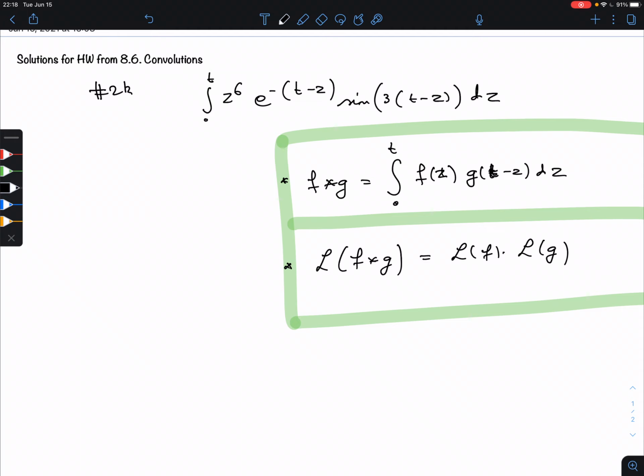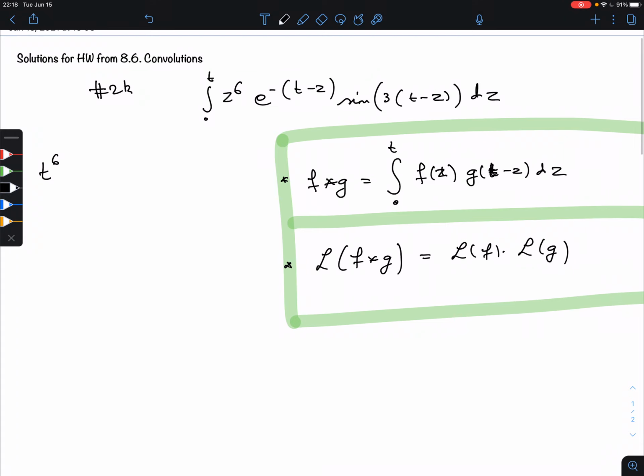Okay, so we have to recognize this as a convolution product. What I just said is the pure power, the function just of z, that is t to the sixth. Now remember, these functions are functions in t, so that's why I have to write it as a function of t. And also in g we plug in t minus z, but the original variable was t for us, so we do the same thing, and that would be e to the minus t sine 3t.